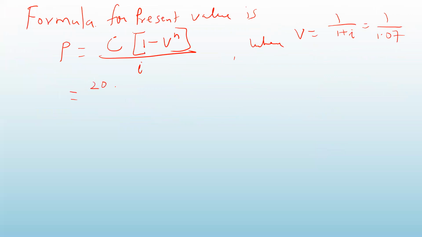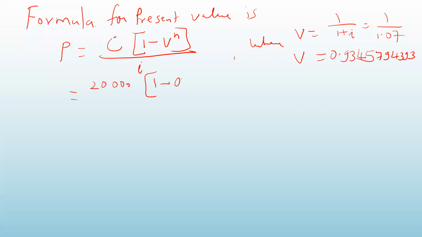The loan installment is 20,000. Correct. Now find out the value of 1 divided by 1.07. So 1 divided by 1.07 comes out to be V is 0.9345794393.